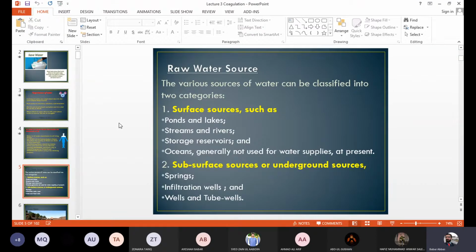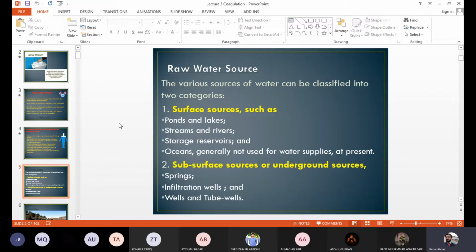Surface water includes ponds and lakes, streams and rivers, storage reservoirs, and oceans, generally not used for water supply at present, but in some regions of the world, like in UAE, they are utilizing the ocean water for drinking purposes after its treatment.